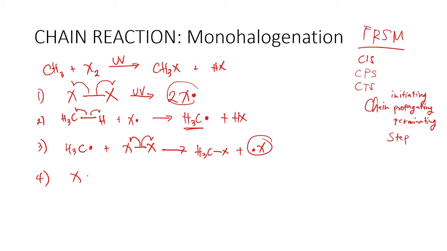We will have here bonding of these free radicals wherein they will bond to each other, therefore forming what we call our halogen.